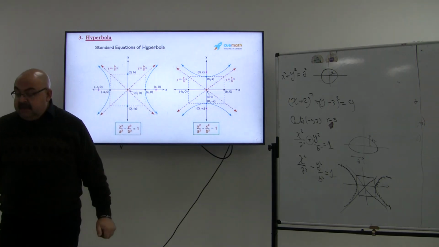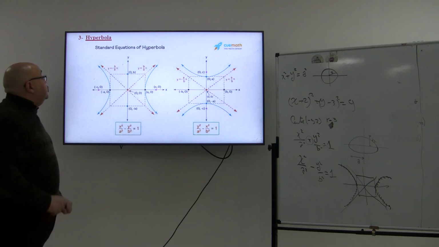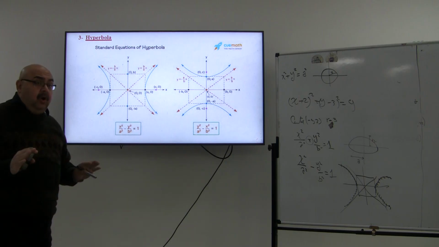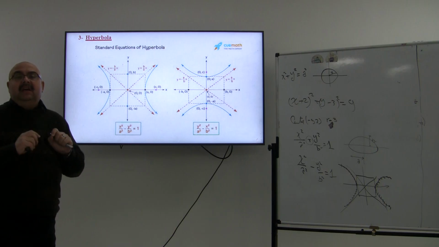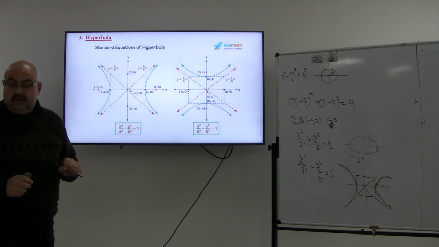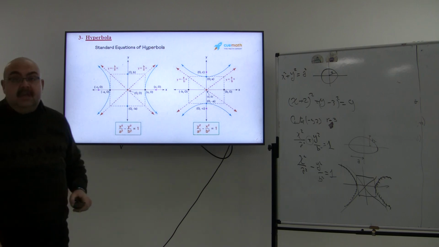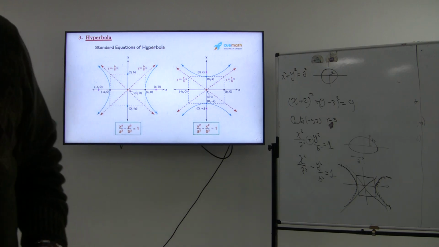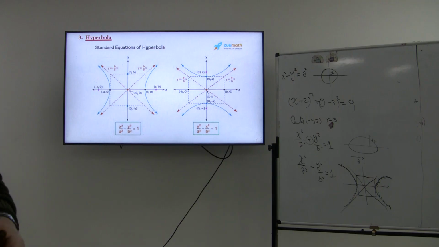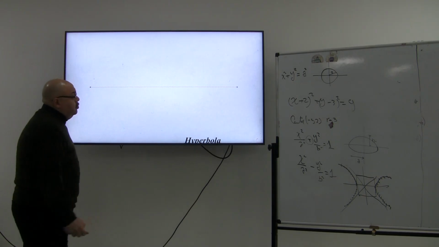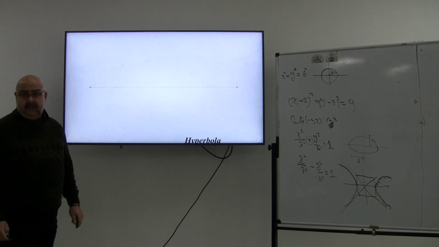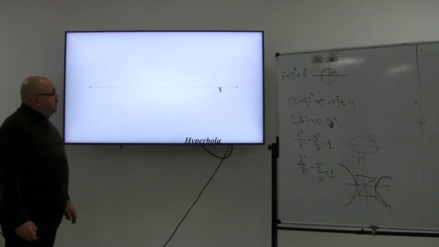If I have the equation, of course, all of this has plenty of information and details, but this is the shortest list regarding the laws and the names of these conics. Let me show you how to draw a hyperbola. I will start with the main axis.